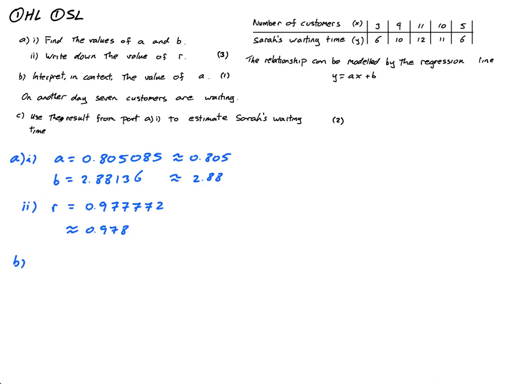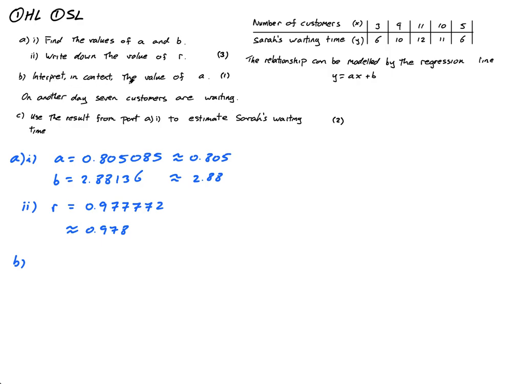Okay, part B. Interpret in context the value of a. So this tells us, as I said at the start, how long Sarah has to wait depending on how many customers there are. So a, which is the slope of this line, tells us the change in wait time for every x.